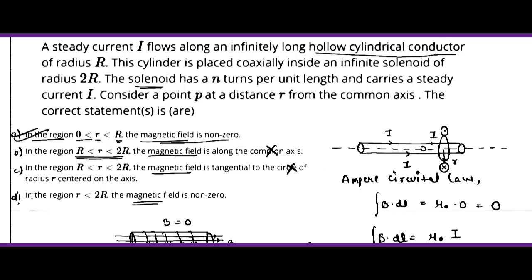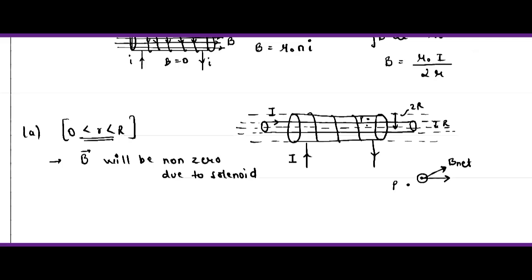In statement D we have, in the region greater than 2R, the magnetic field will be non-zero. So see, in this portion outside, let me take this point P outside the solenoid.